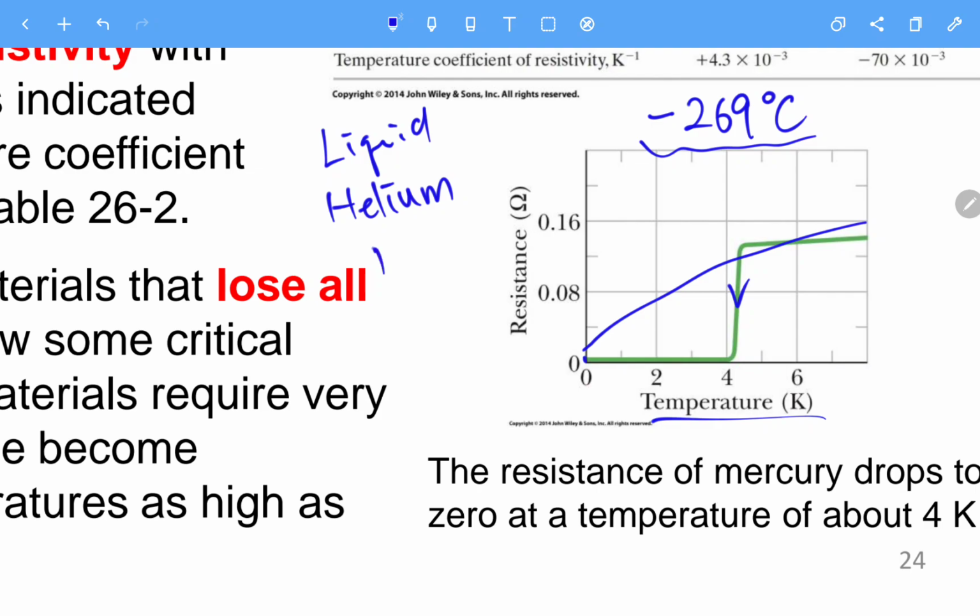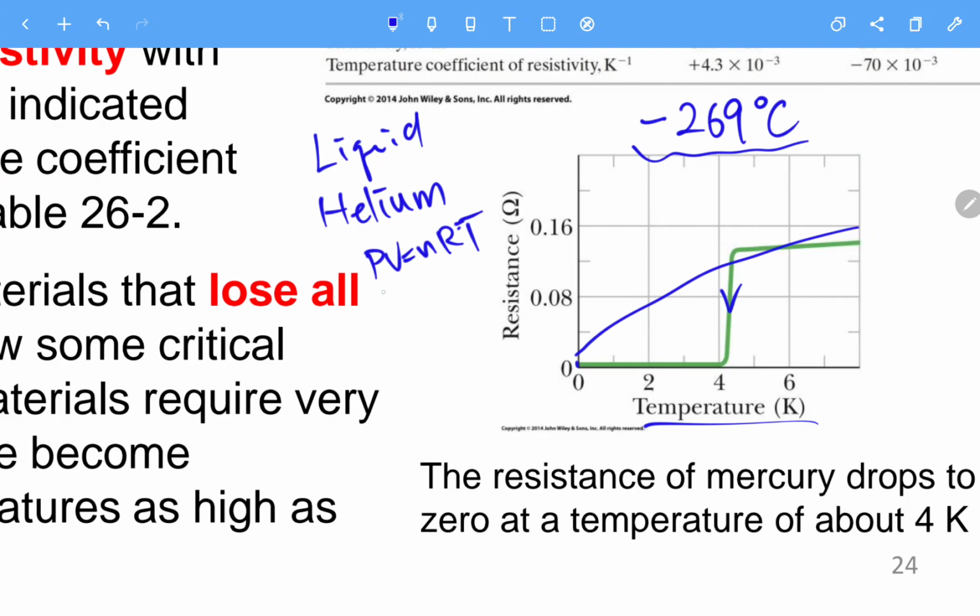You know PV equals nRT from high school chemistry class. If you manipulate the pressure, then you will be able to change the absolute temperature. So with liquid helium and some pressure manipulation, they can create an extremely low temperature environment to test the circuit.